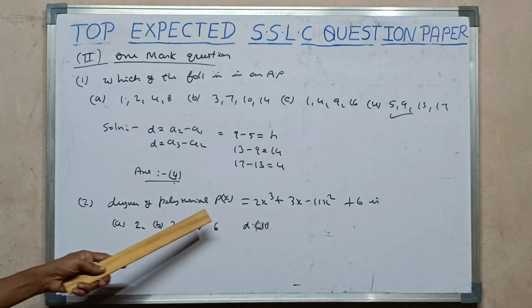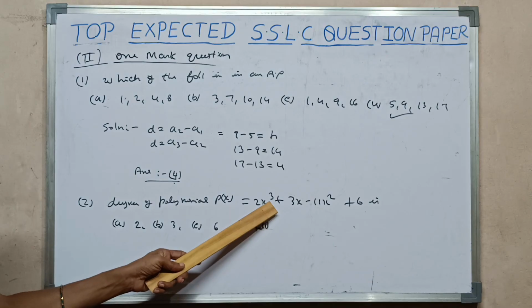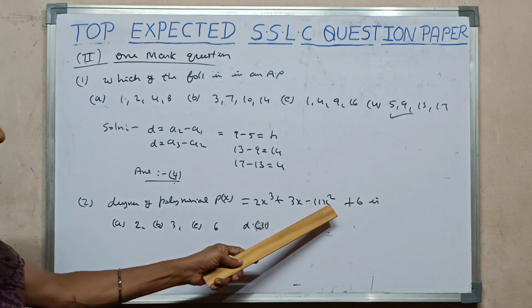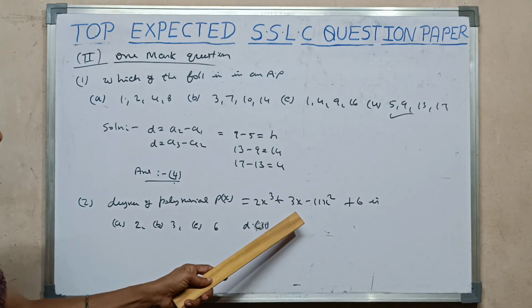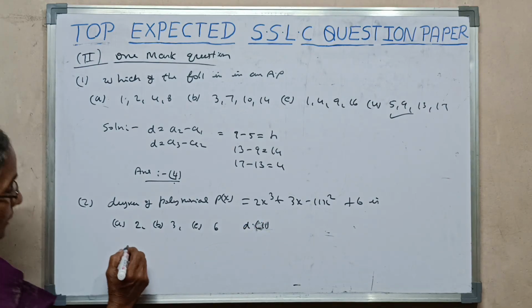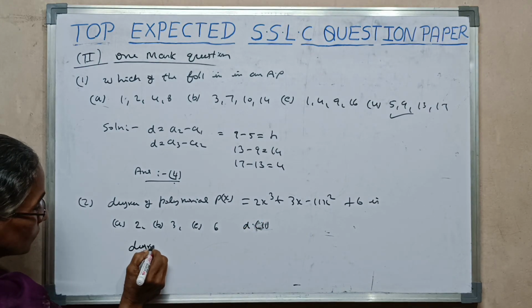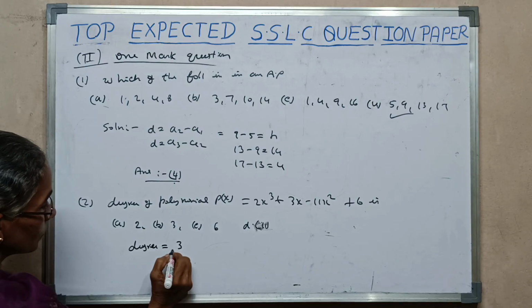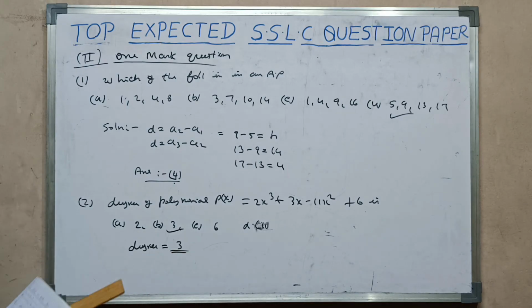So the degree of a polynomial means the highest power of the variable. Here x power is 3, here x power is 2, and x power is 1. So the highest power of x is 3. So the degree is 3. The second answer is correct.